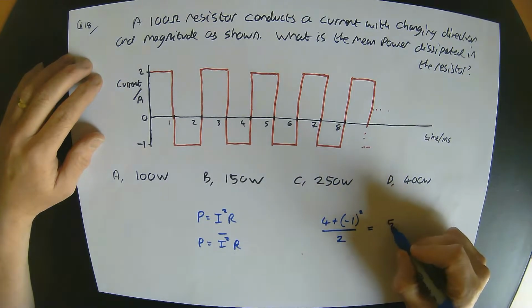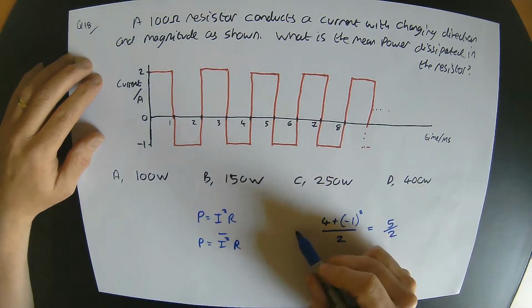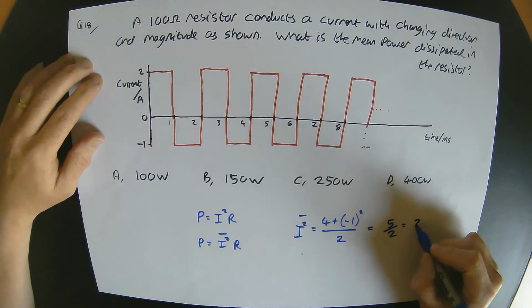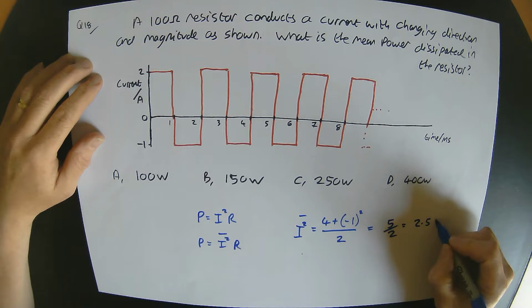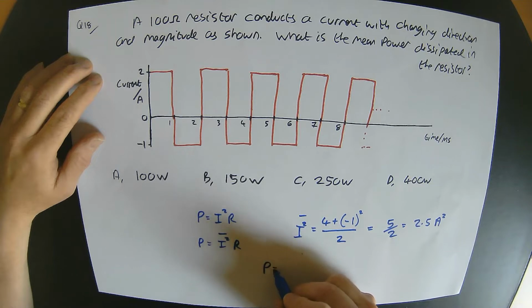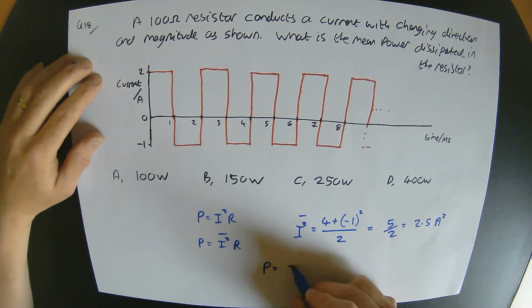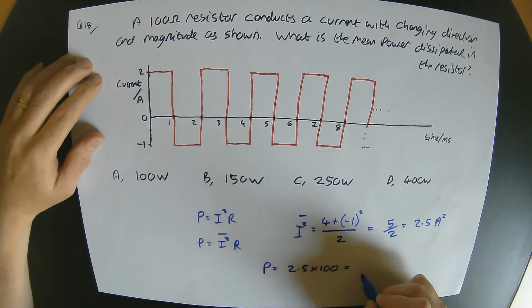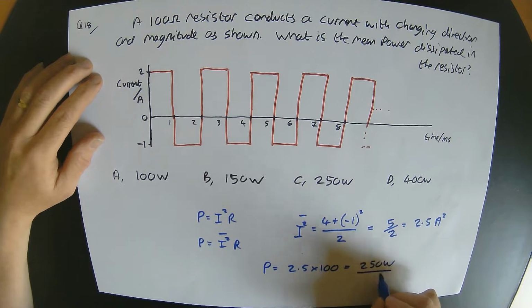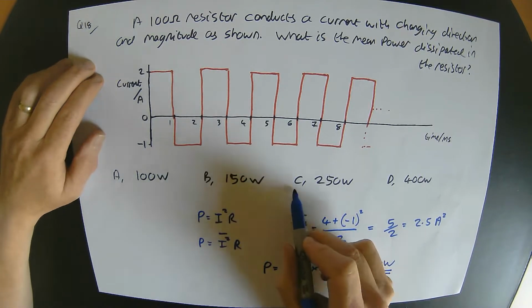And so that's 5 over 2, which is 2.5 square amps. So the average power is equal to 2.5 times 100, which is equal to 250 watts, which is C.